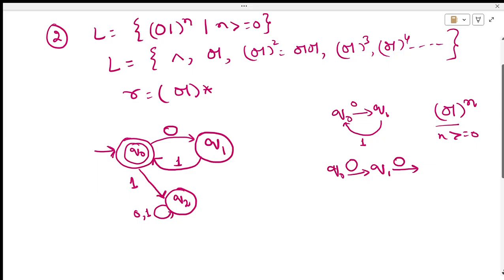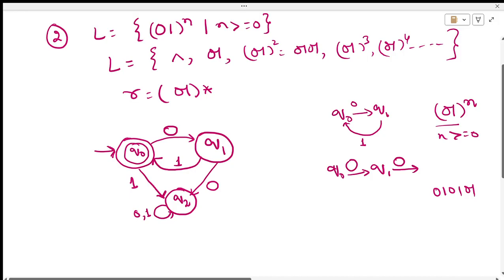All the strings must be of the form 0101..., such type of string. There are no consecutive zeros in any string in the language. So therefore, if Q1 sees a 0, it will go to the state Q2. So therefore, we are done with this deterministic finite automata.